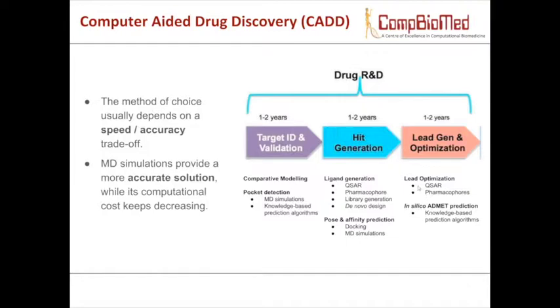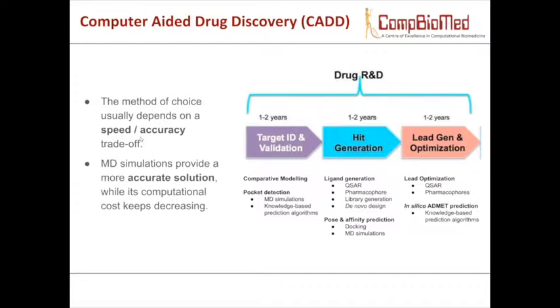in order to predict binding affinities, as we said. But usually the method of choice in these stages depends on whether you want a fast method or an accurate method. There's an efficiency-accuracy trade-off: usually when you have a fast method, it's because it's not accurate enough in certain situations, but in the other case, accurate methods, such as MD simulations, may not be suited for high-throughput screenings of hundreds of thousands of molecules.